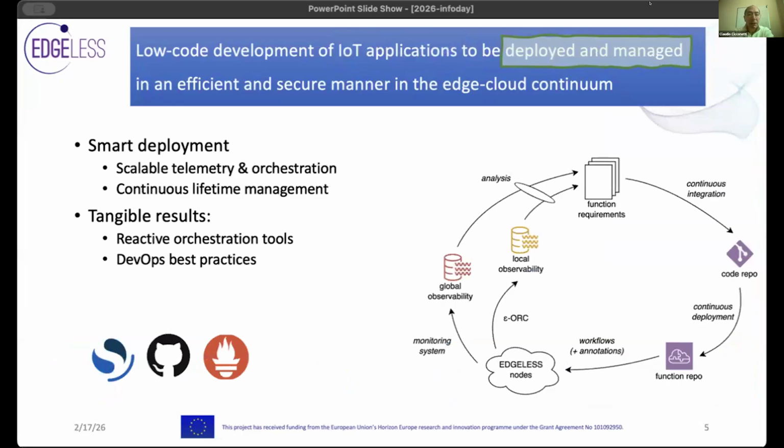Regarding the deployment and management of our applications, we have devised a DevOps cycle which allows the function development from the requirements to the code, and then a function repository which keeps the artifacts, the WebAssembly bytecode binaries of the functions when WebAssembly is used.